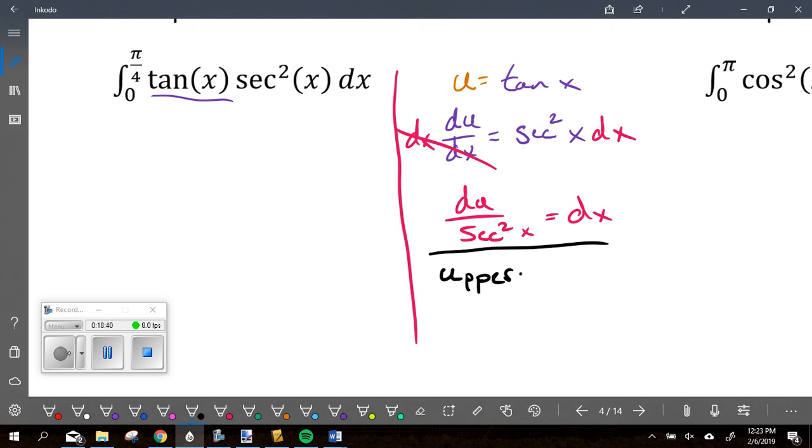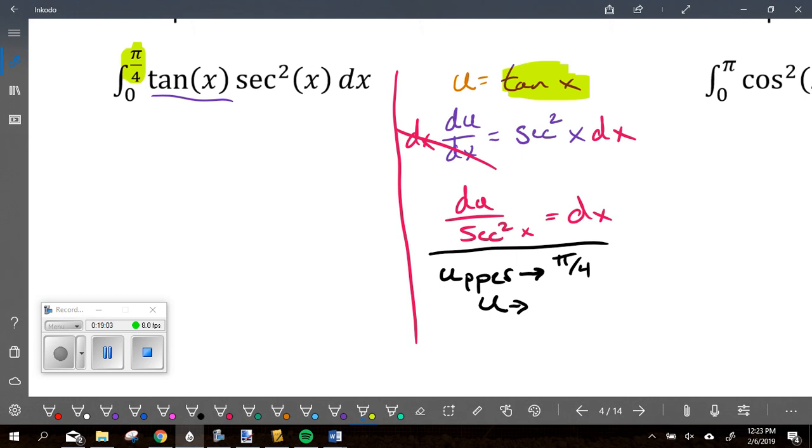We need to change our upper bound. What is our current upper bound? It is currently pi over 4. We are going to rewrite that upper bound as a u upper bound. Or in other words, we are going to take that pi over 4 and plug it in to whatever we decided u was going to be.